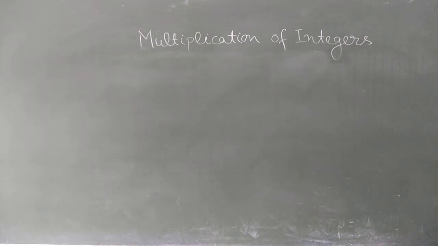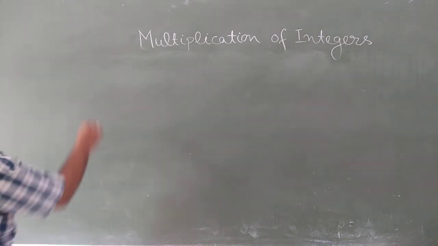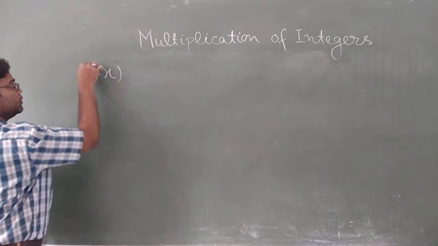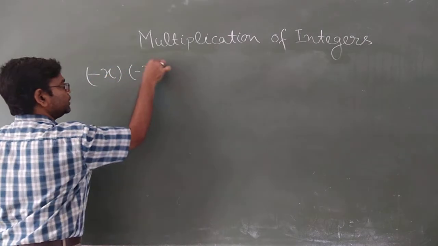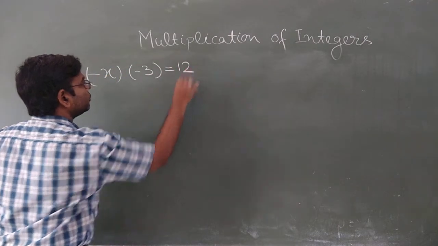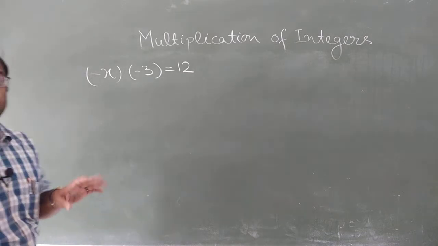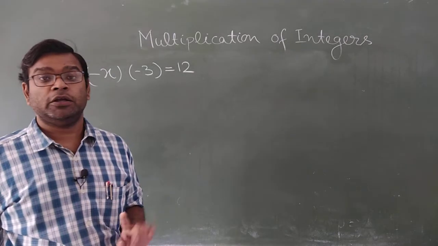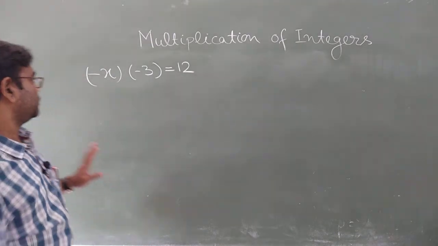This type of question says find the value of x. I am going to solve two questions. One is minus x within bracket minus 3, another bracket, gives you 12. The question says find the value of x. Remember, only the value of x, not minus x.